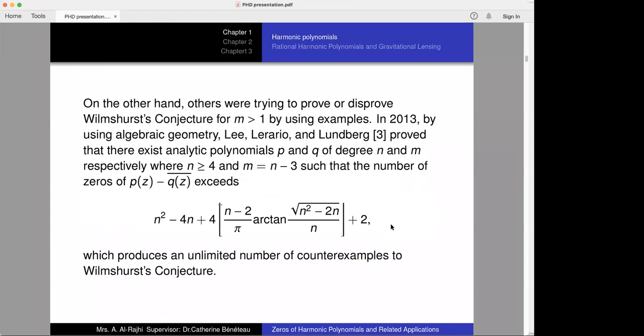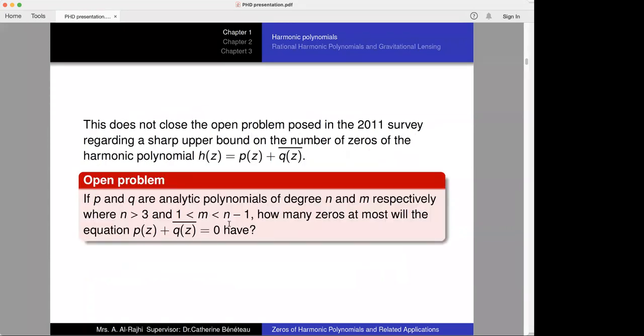Lee, Lerario and Lundberg proved there exist analytic polynomials b and q of degree n and m respectively, and they get this formula to show that the conjecture is not true in general. Still, regarding the question of how many zeros we will have for harmonic polynomials, it's still an open problem. Nobody has solved it up to now.